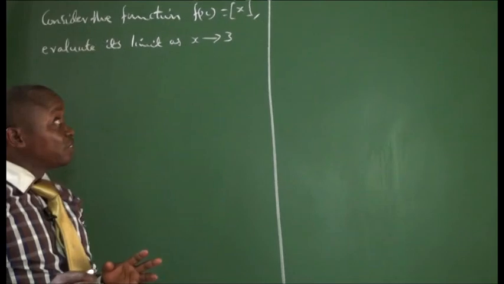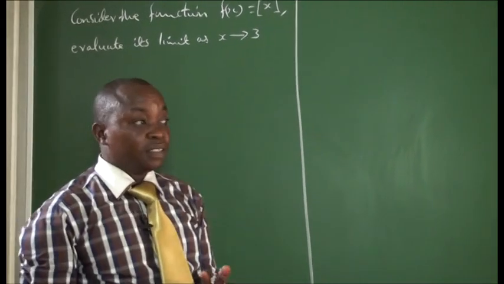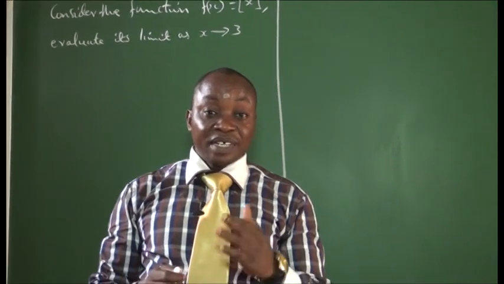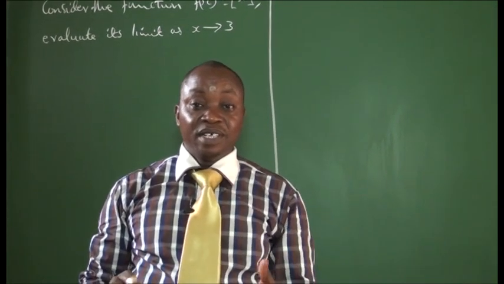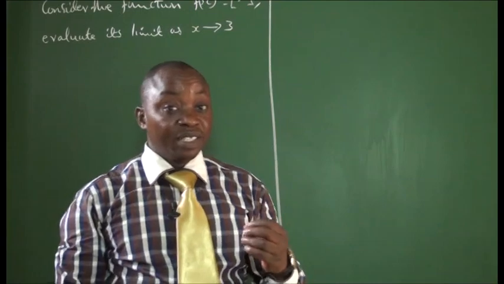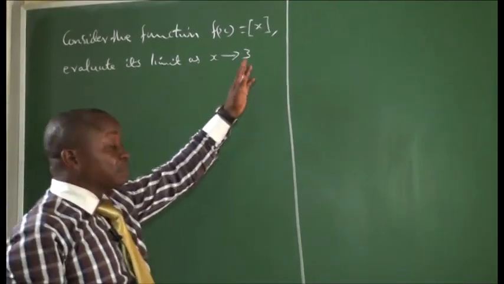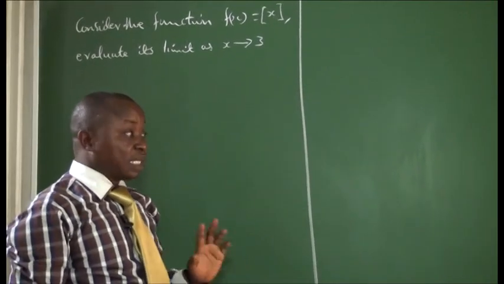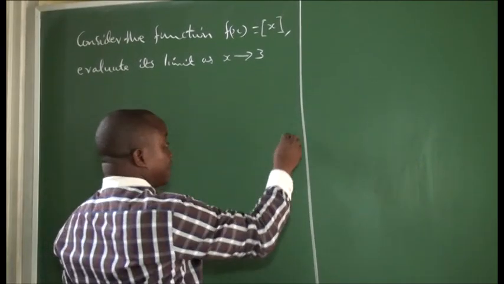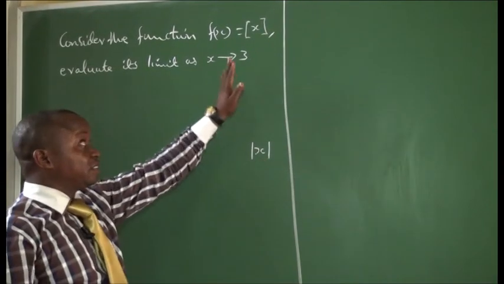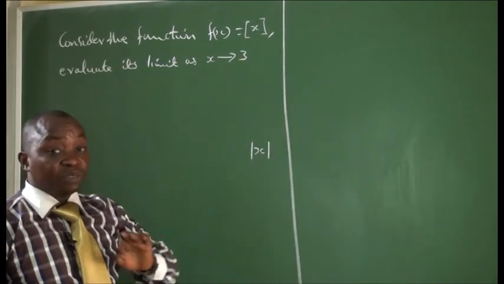In a particular lecture where I render a lecture on mappings and functions, we look at different types of functions. So if you have such lectures, you hear about the greatest integer function. This is not the absolute value function. The absolute value function is different, as it is written in this way. This is the greatest integer function, and it has one behavior.